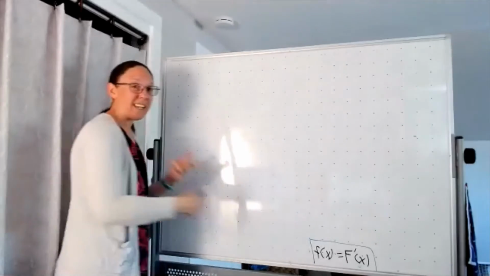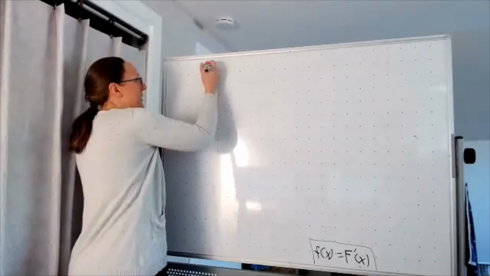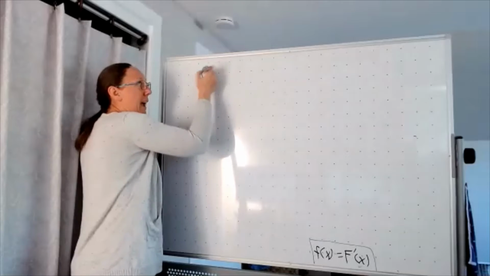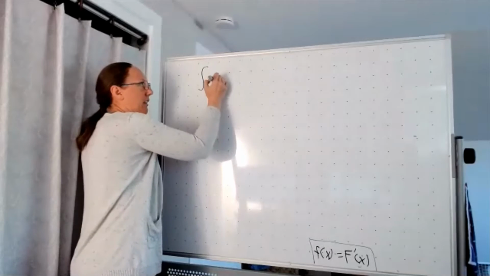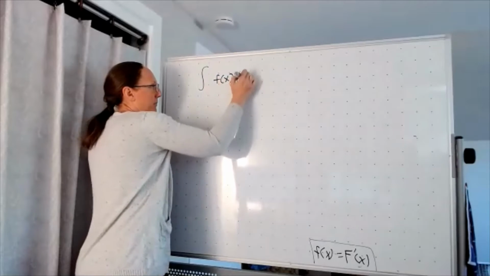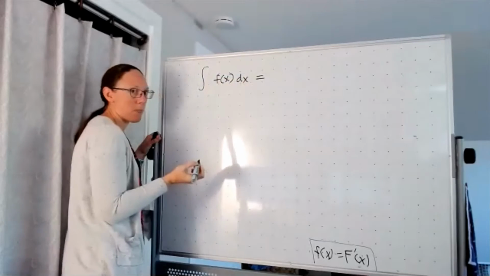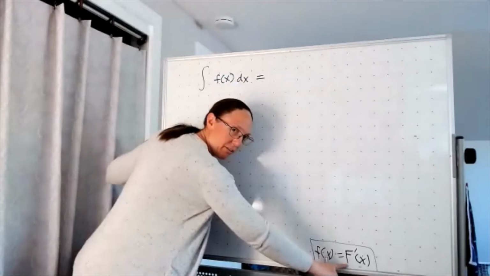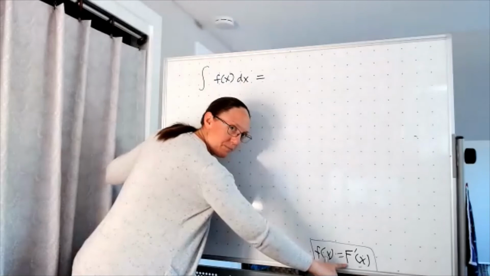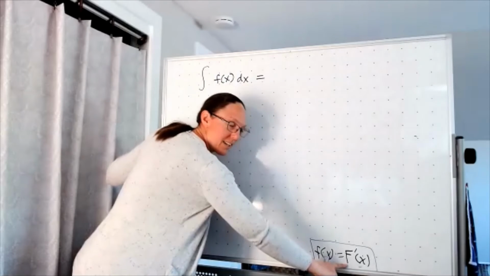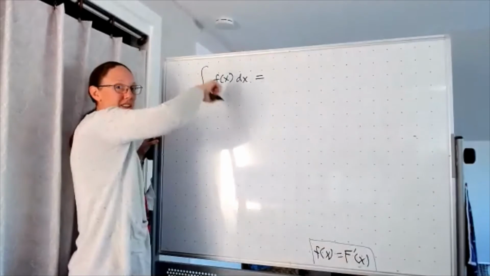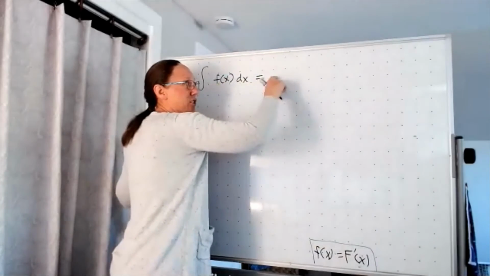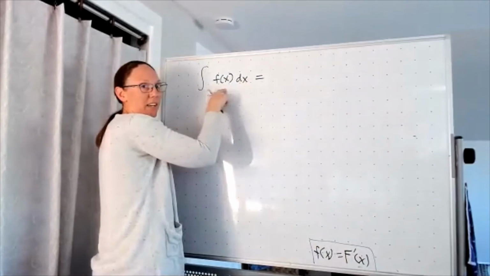What this really is telling us is that when we write this notation of an integral and we have some function in here, that function is somebody's derivative. So the answer to the integral is the antiderivative of whatever was in here.